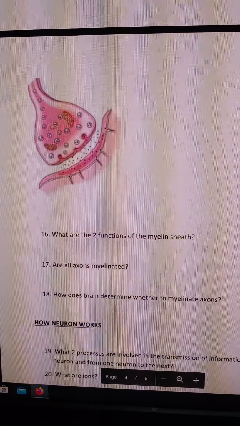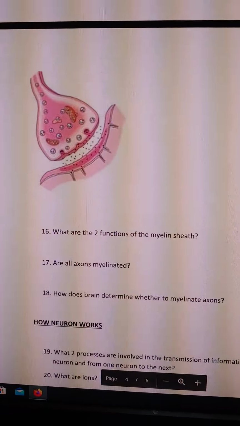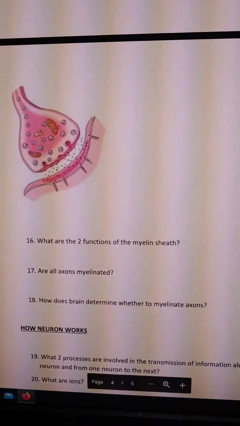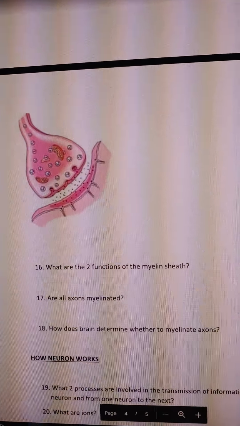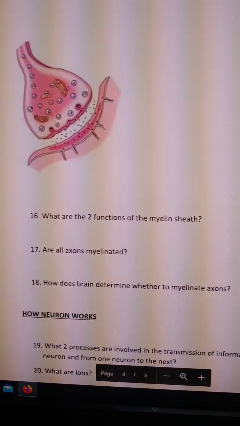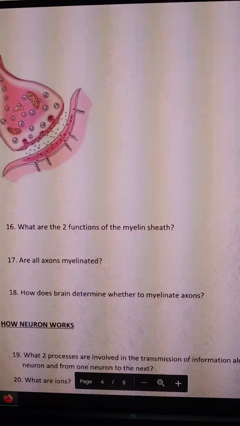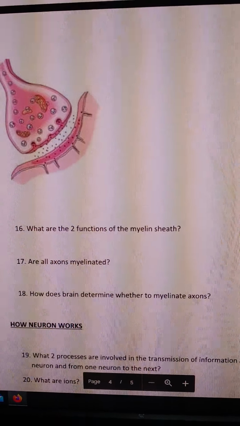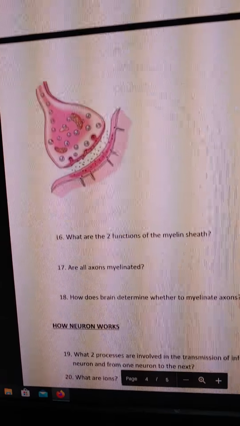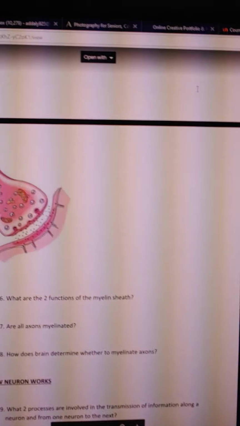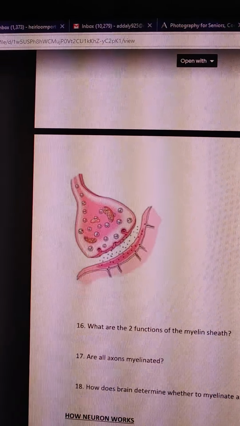So it wants it to work quickly and be protected because it's important, so it will myelinate those axons. It is an active process. It decides this on a regular basis. You have axons being myelinated on a daily basis. This is part of how the brain is changing all the time based on what we ask of it to do. All right. Back up to that diagram because we have one more part that we had to identify.